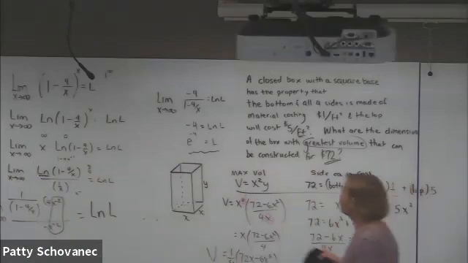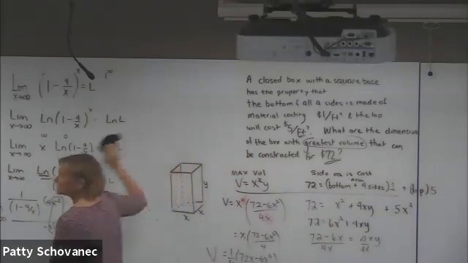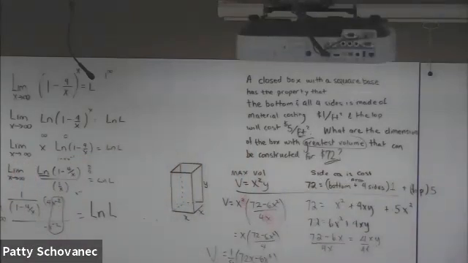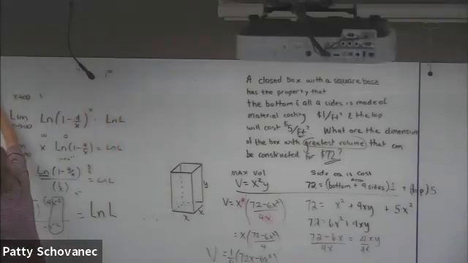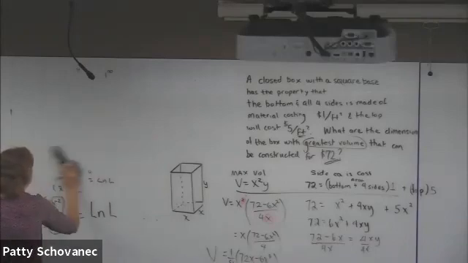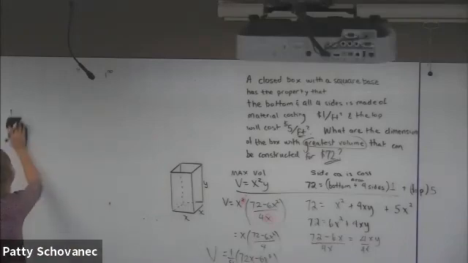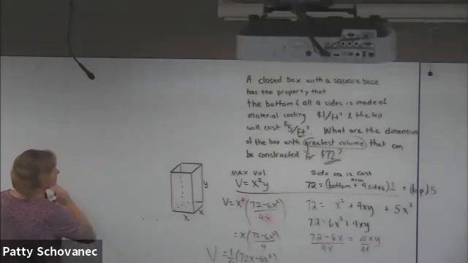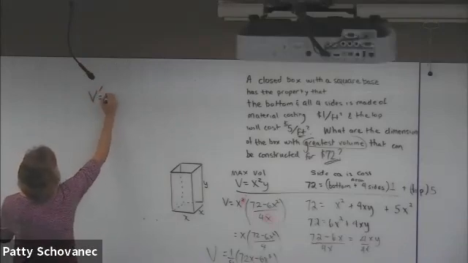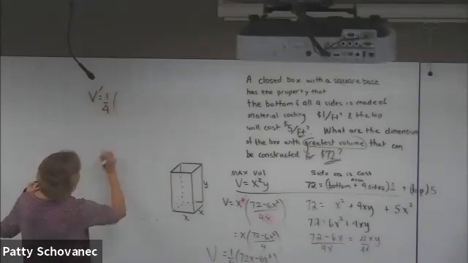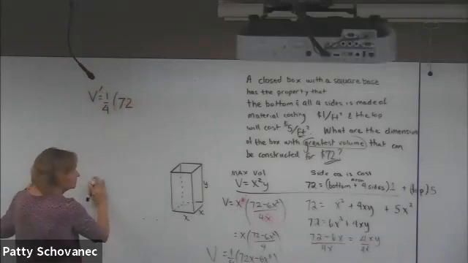And so our derivative. It's not a bad problem. It's an easy derivative. The derivative of 72x is 72.